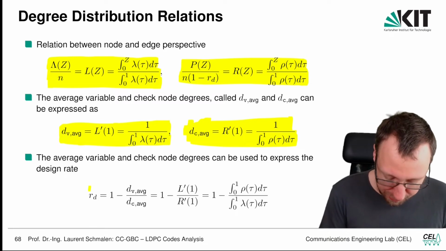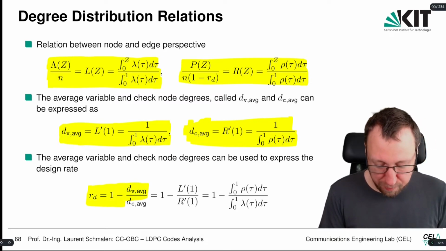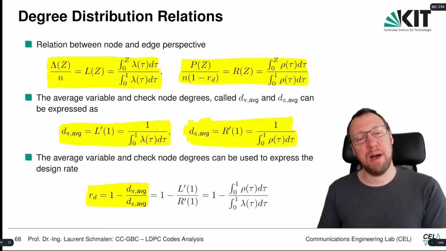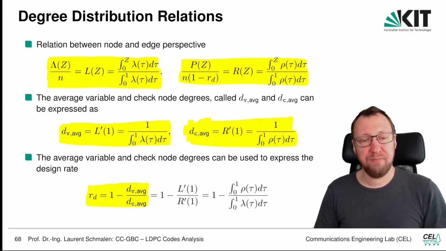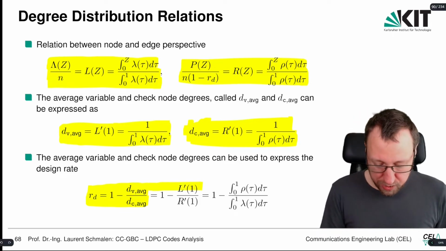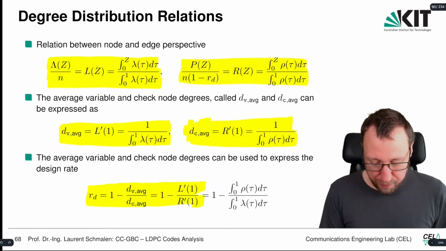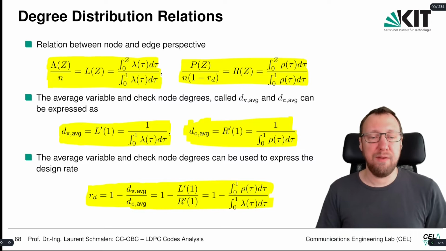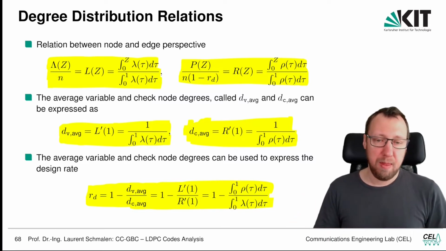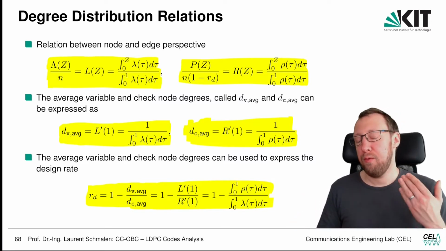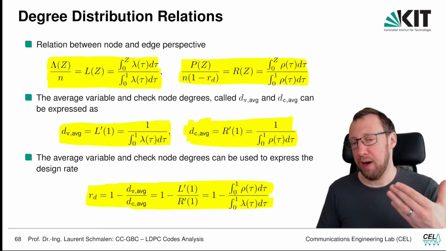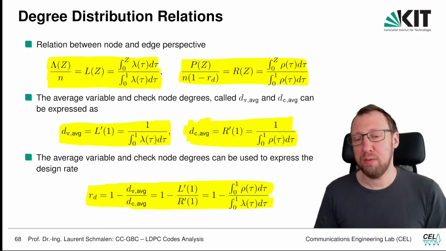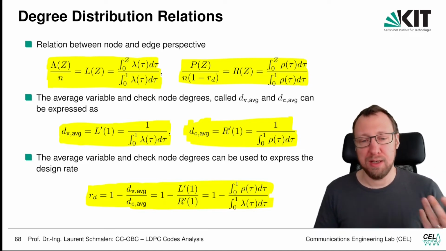So this design rate is 1 minus the average variable node degree divided by the average check node degree. And we can just insert our values, and this is how you can express the average design rate as a function of the degree distributions from an edge perspective using this integral.